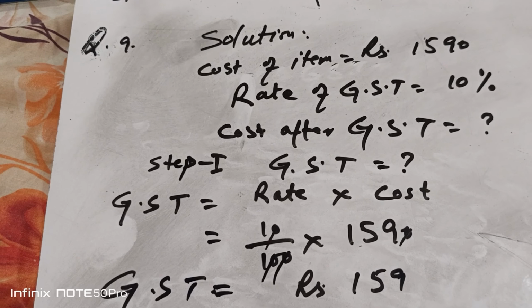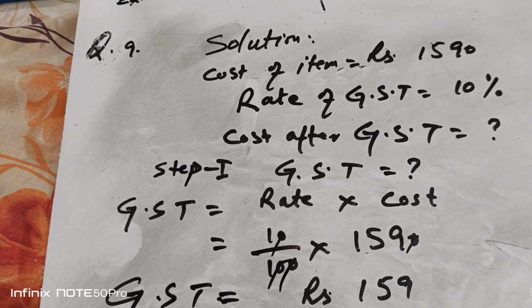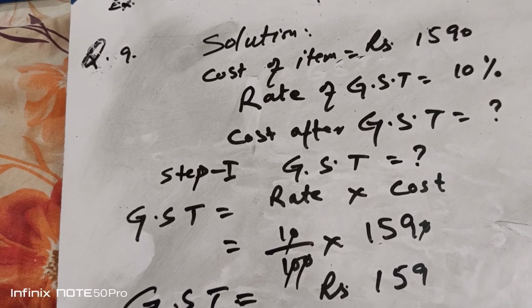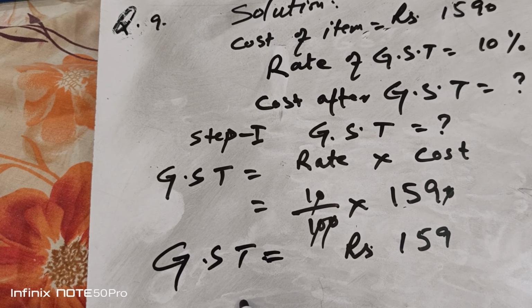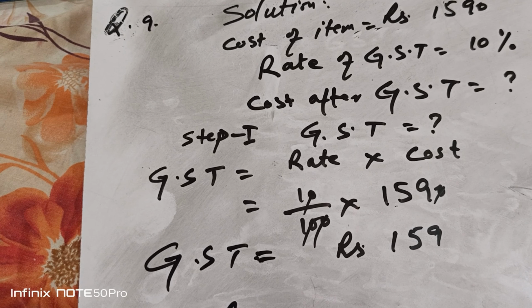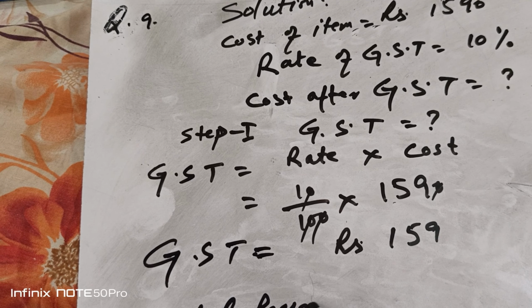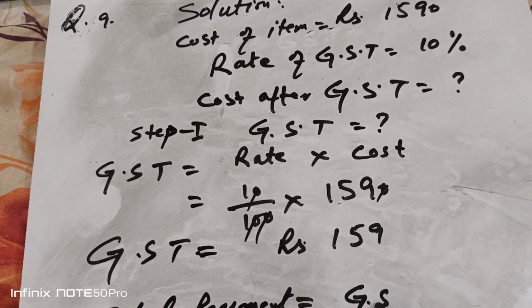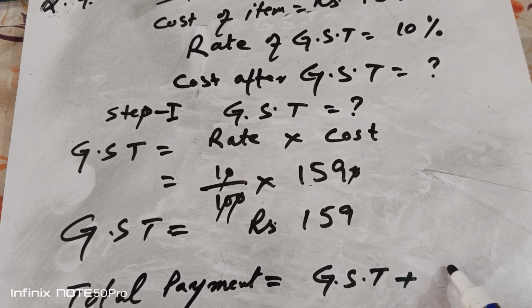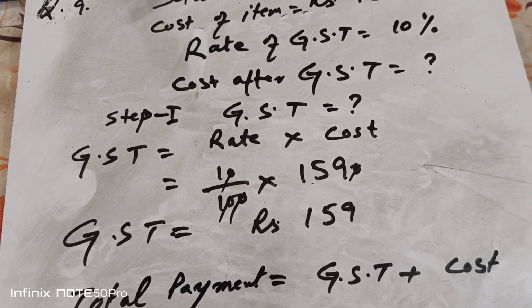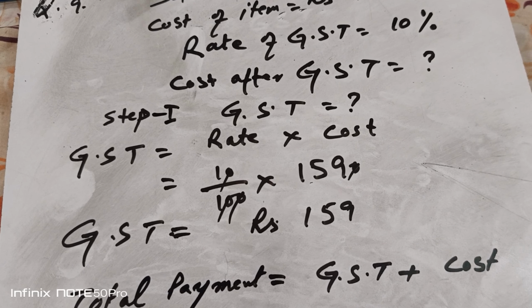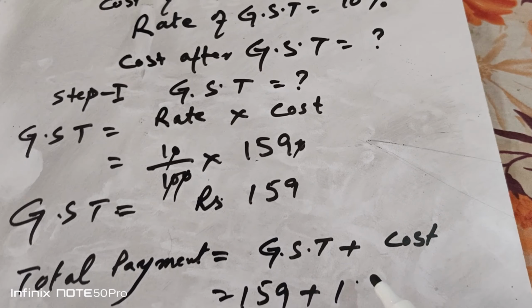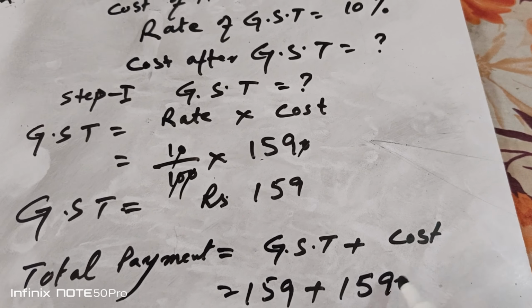So now it is very easy to find the total amount which he has to pay after adding GST. So the total payment, we can say P, which a buyer has to pay, is equal to GST plus cost or price. So GST we have got here, this is 159, and cost given is 1590.